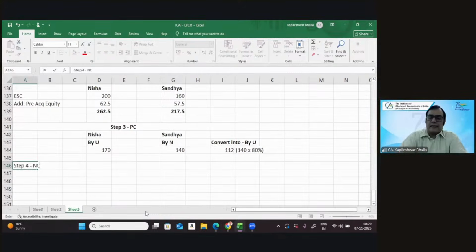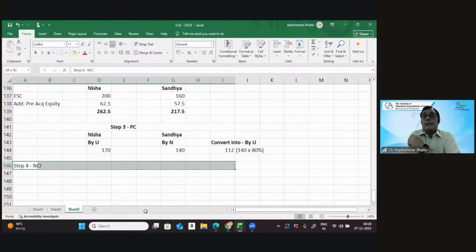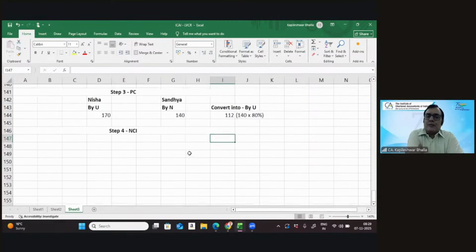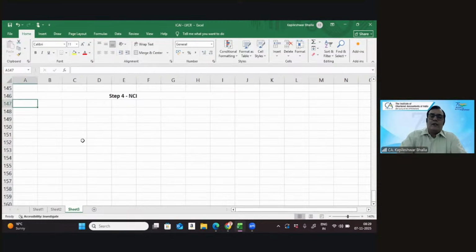Step number 4 is the calculation of the NCI. We need two NCIs again. And in terms of chain holding, it's a good idea that you calculate the NCI and the goodwill on a simultaneous level. It'll be a good exercise to make your presentation, so let's organize the structure in terms of NCI as well as goodwill.